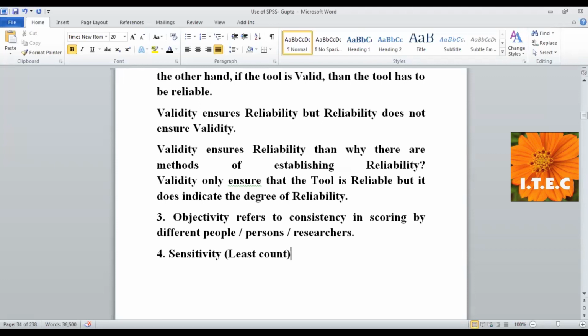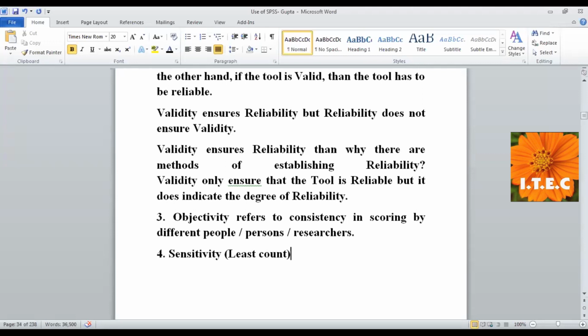And you might have seen on the TV that whenever there are matches, whether Olympic matches or any matches, in those matches, you can see that the time which is taken by the athlete is in fraction. So the sensitivity of any tool depends upon the smallest measurement taken with the help of that tool.